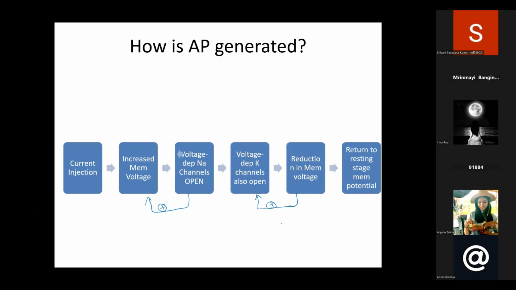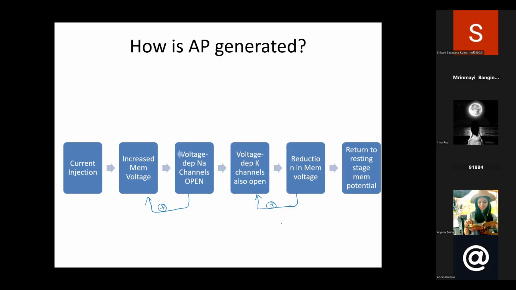But that increase in voltage will also open potassium channels. When potassium channels open, voltage goes down. We have seen that already. So the response of sodium and potassium to this initial increase in voltage, which is created by the injection of current, is opposite.